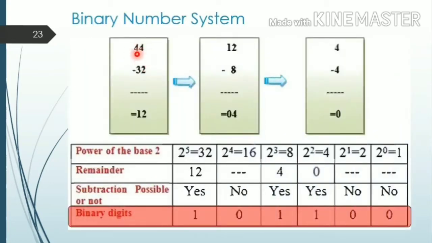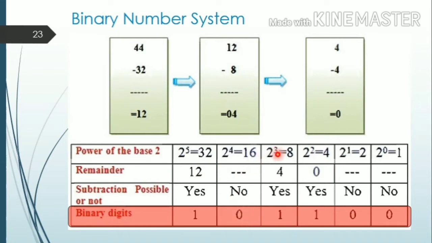Now we are converting 44 to binary. When 2 is raised to 5, that is 32. 32 is subtracted from 44 and we get a positive number. It means that we place 1 here. Now when 2 is raised to 4, it will not subtract from 12, since 12 minus 16 is not possible, so what binary digit comes here? 0.